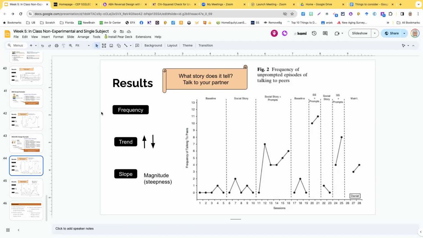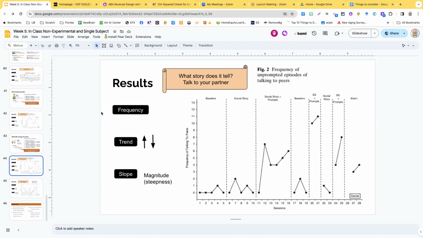Hi. So we were working through it, and Sam was helping me with everything because that's what her training is in specifically. We were looking at the baseline, our social story and prompts, the next baseline, and then the maintenance.